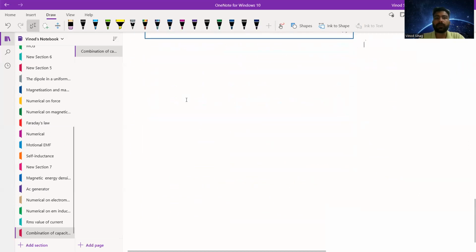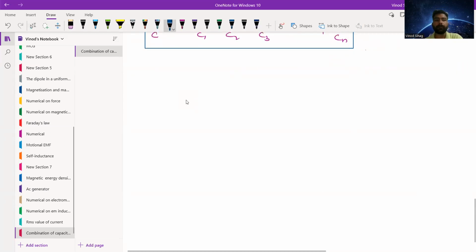So therefore, for two capacitors, we have to write 1 upon C equals 1 upon C1 plus 1 upon C2. This is the equation to find out the equivalent capacitance, it is not the equivalent capacitance itself. So what will be the equivalent capacitance? 1 upon C equals, here the LCM will be C1 into C2, so C2 plus C1 over C1 into C2.